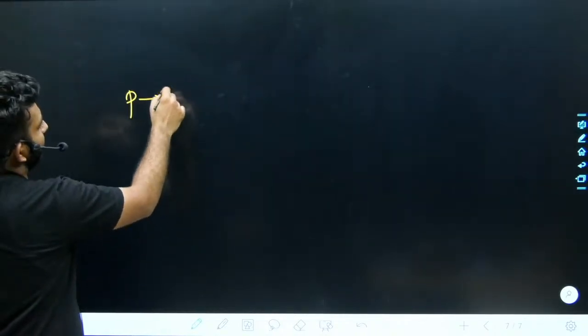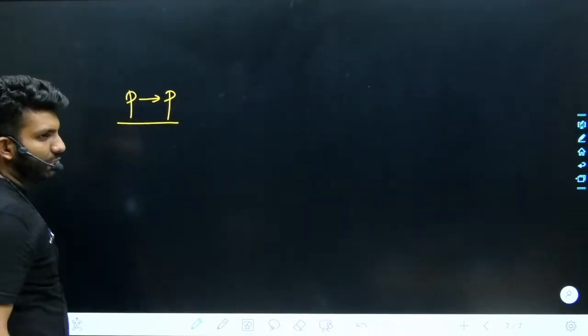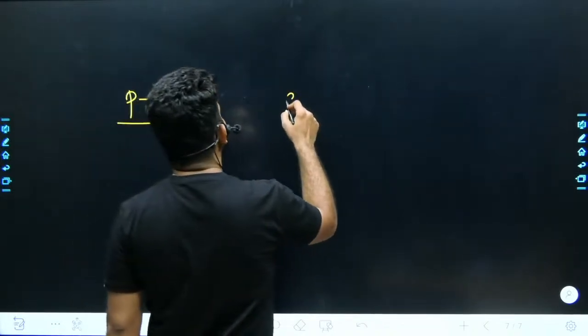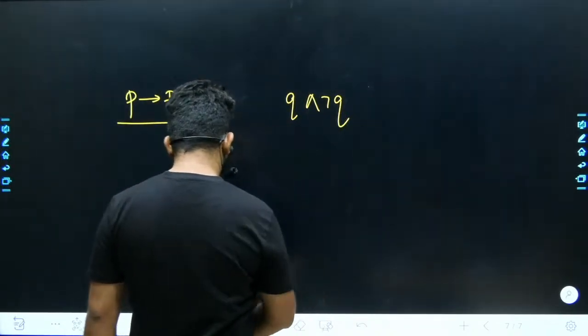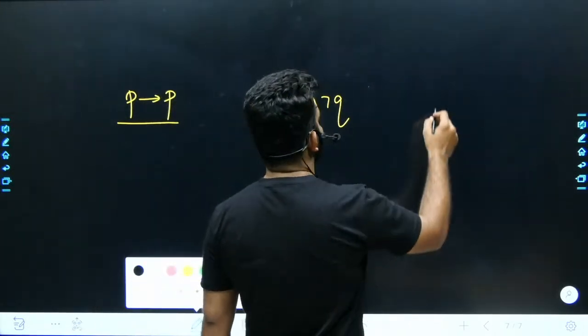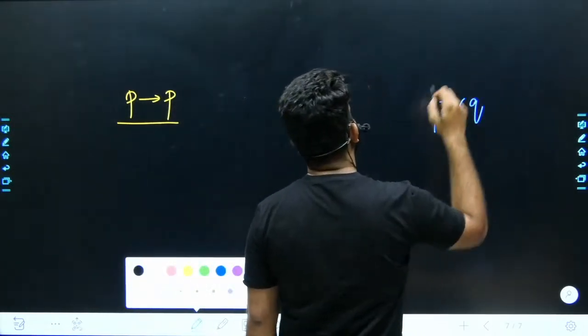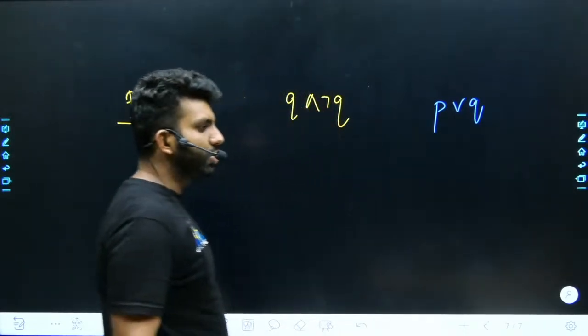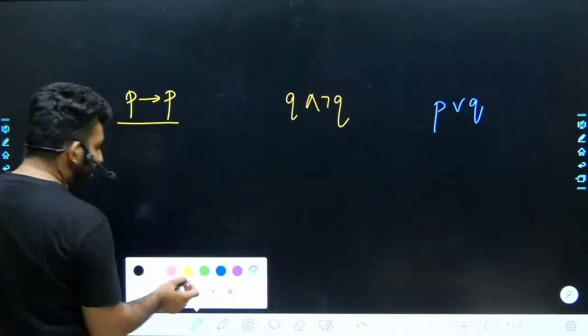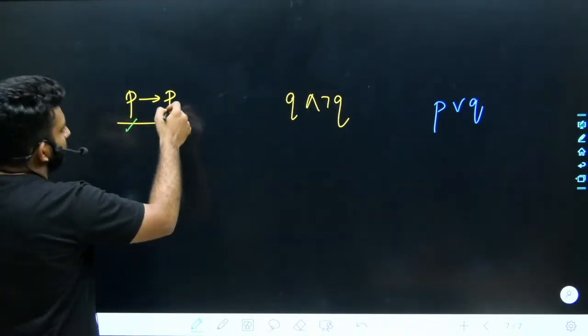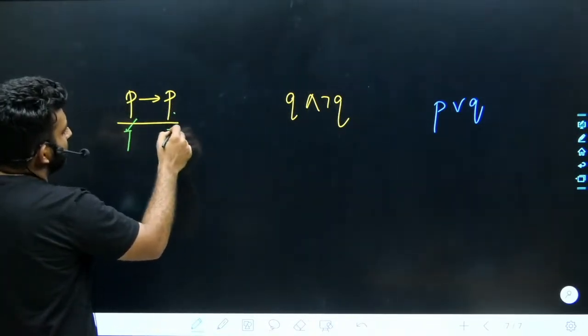P implies P, what will be its value? If I talk about Q and not Q, if I talk about P or Q, let's talk about all of these situations. So if I talk about P implies P, whenever P is true, this is also true.